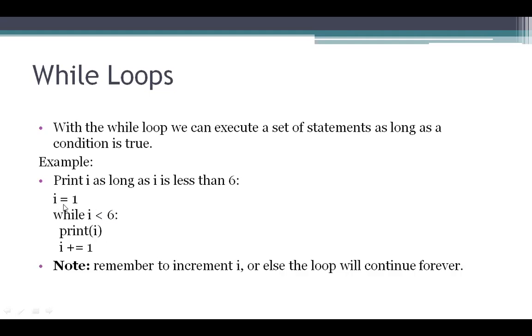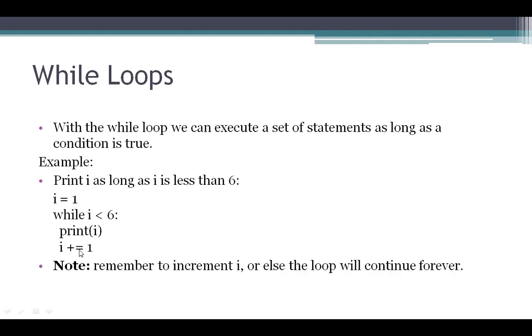First, 1 is initialized to i, so now the value of i is 1. Definitely 1 is less than 6, so it prints 1. Then, inside the block, i gets incremented to 2. 2 is less than 6, so 2 is getting printed.